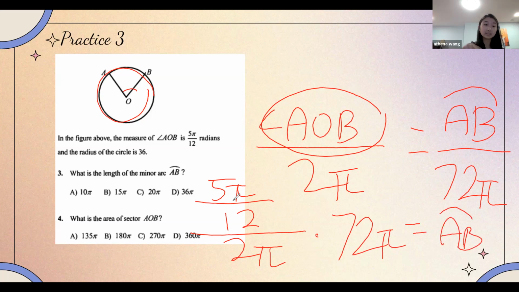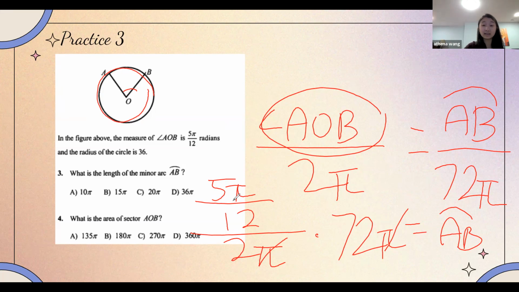An easy way to do this: don't simplify this already. You can easily cancel factors out. If you see a pi that you're multiplying by and a pi that you're dividing by, you can just cancel them out already. Don't try to solve everything at once, because that is much harder and takes a lot more work.